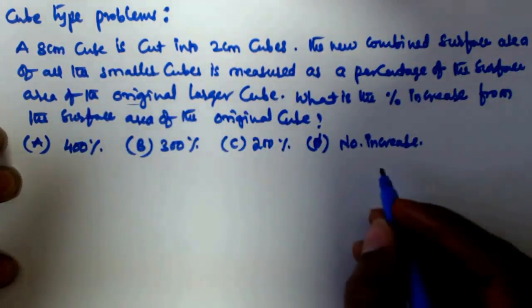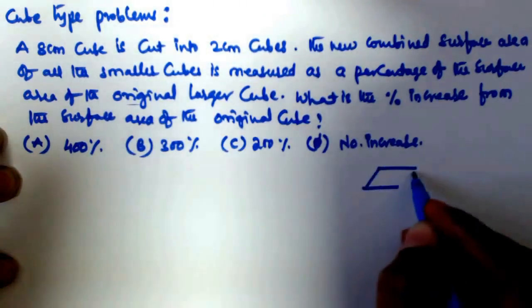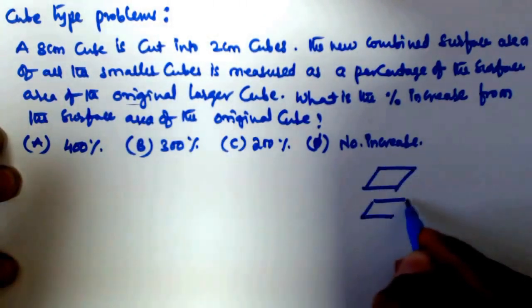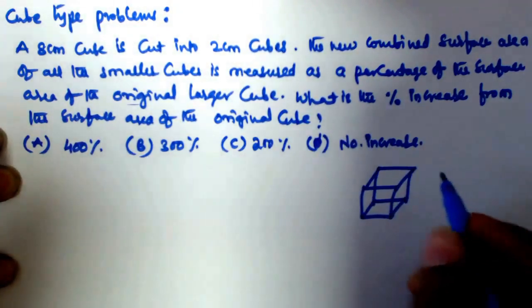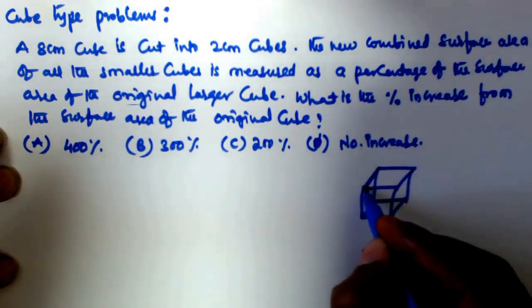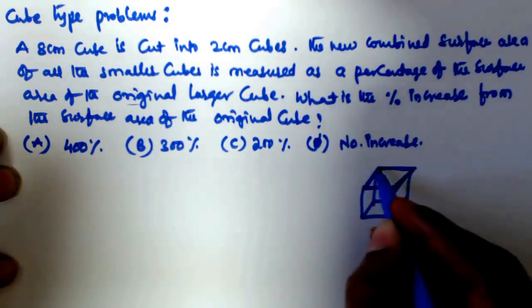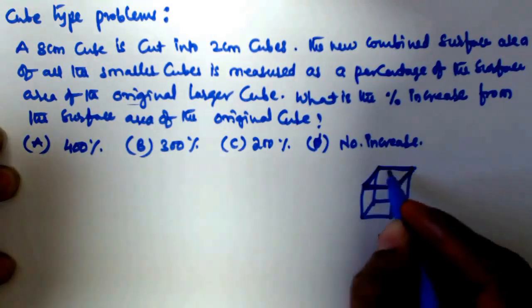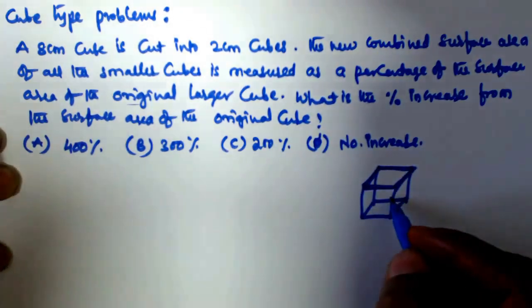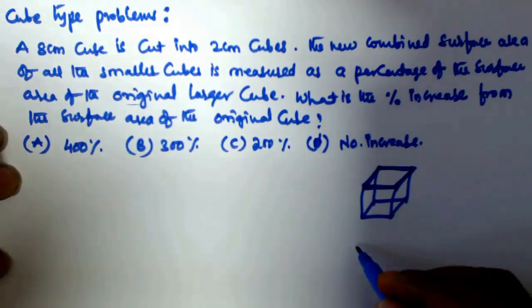If we take the cube, it looks like this, right? How many faces are there? There are 6 faces, and the area of all 6 faces is the same. So we will find the area of one face and then multiply that by 6.